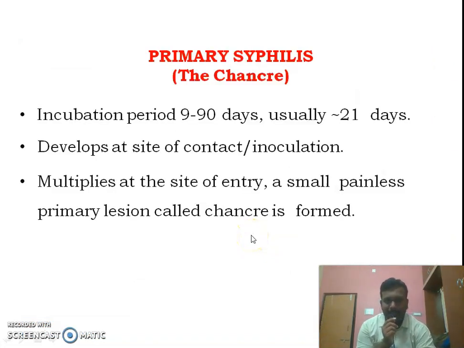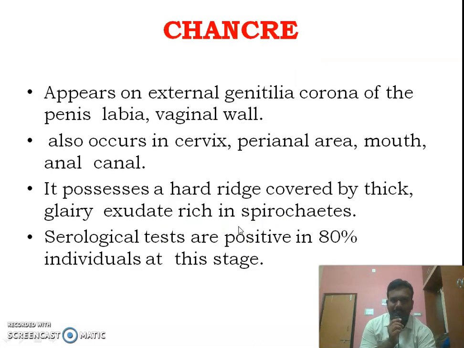If you see primary syphilis, the incubation period of Treponema pallidum usually ranges from 9 to 19 days, with an average of approximately 21 days. The canker develops at the site of contact or inoculation, where the bacteria multiply at the site of entry. A small painless primary lesion called a canker is formed during primary syphilis. This canker appears both on extragenital and genital sites.